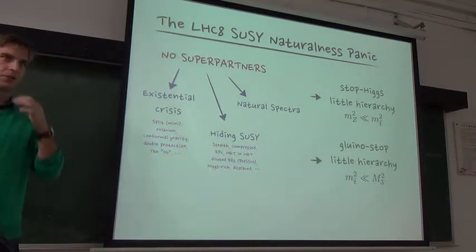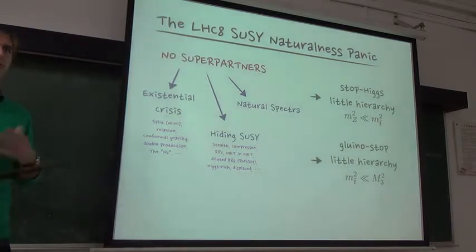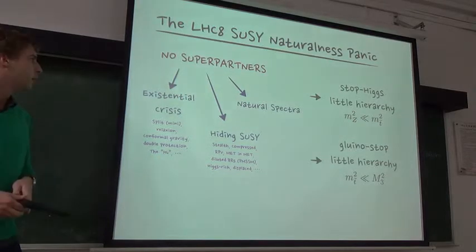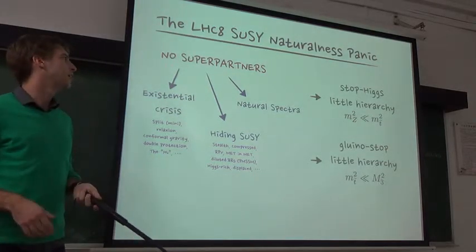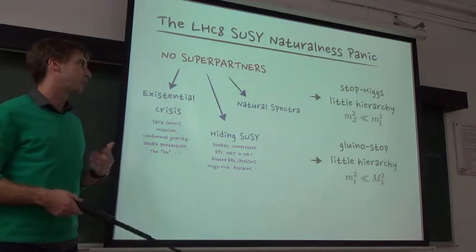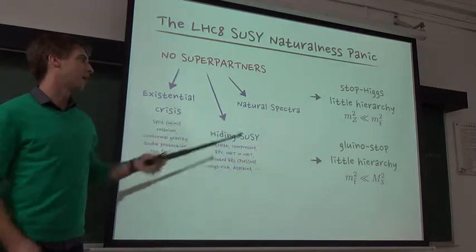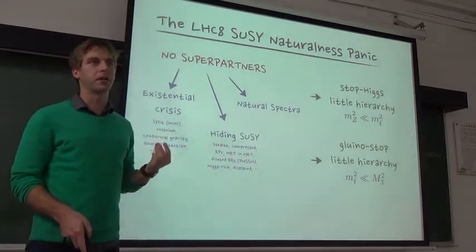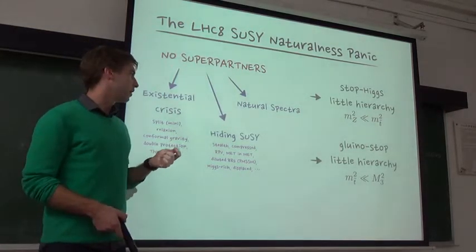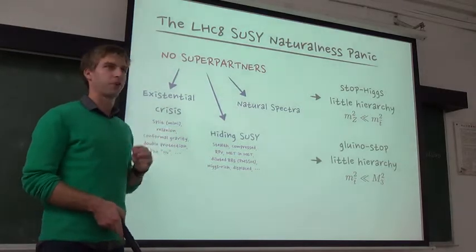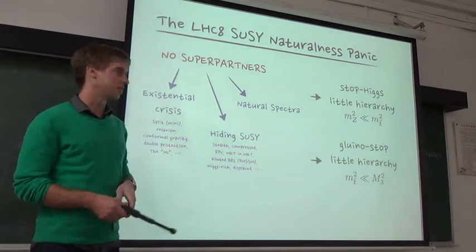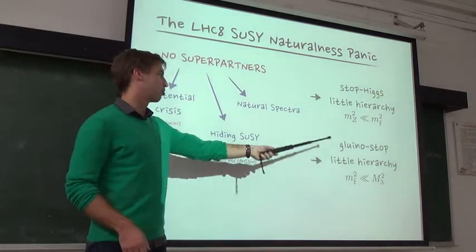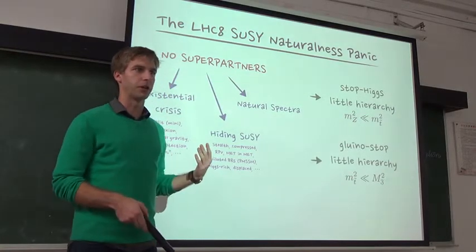So those are the two numbers that you expect not to find a hierarchy in, or to find a hierarchy of only a factor of a few. So you don't expect to find a big hierarchy between the stop mass and the electroweak scale. And then the other concrete general thing is that in almost all models, except for a few special ones I'll discuss, you expect that the gluino and the stop will have masses very near each other.